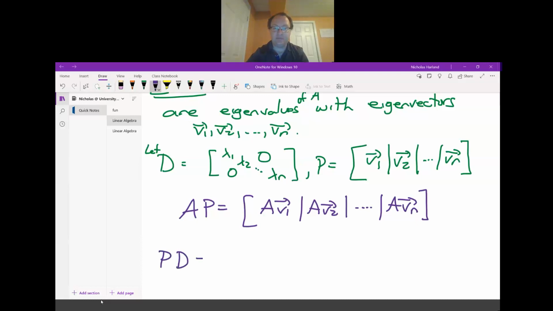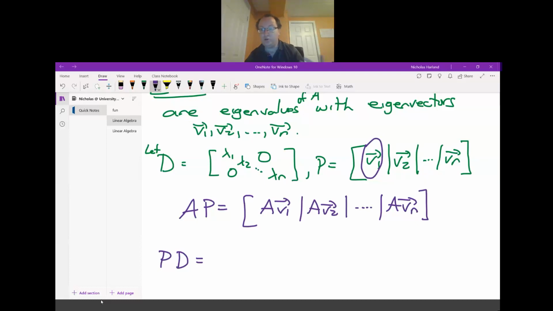As for P times D, well, typically we couldn't do this. The reason we couldn't do this is because if it's P times D, then we'd have to take the first row of P. But our V's are the columns.